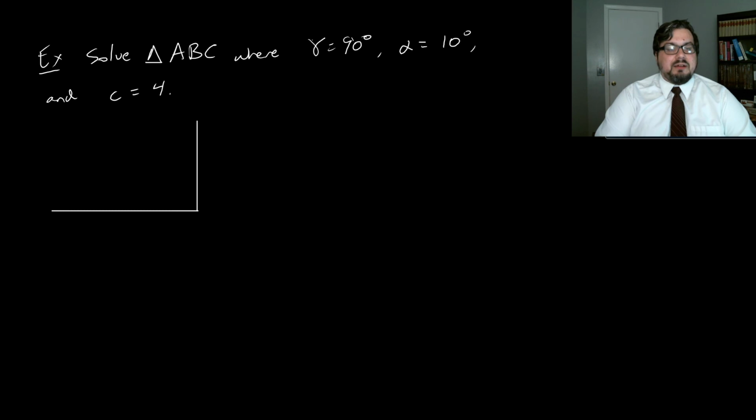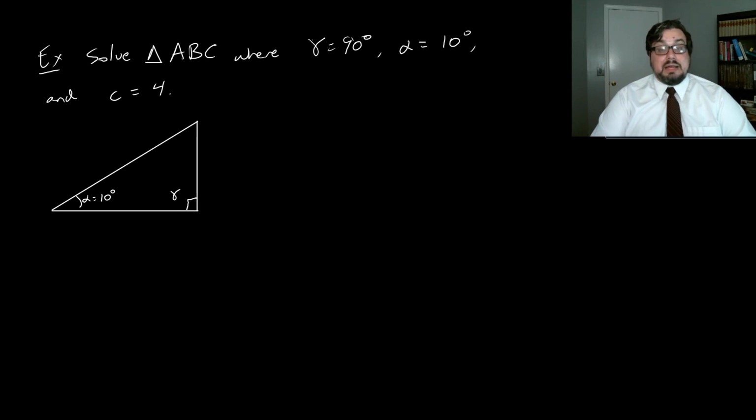This is going to be very similar to what we just did, the big difference being that the angle that we're looking at, alpha here, of 10 degrees, is not a standard angle that we are real familiar with. We can label our sides.